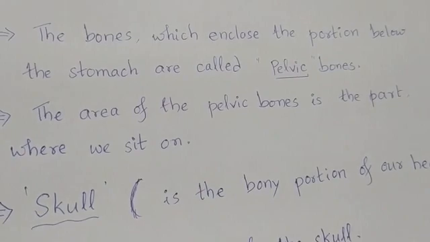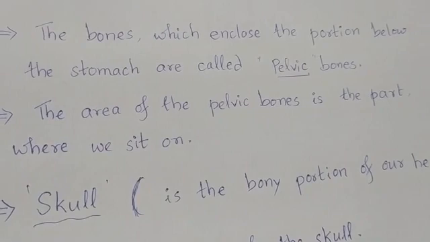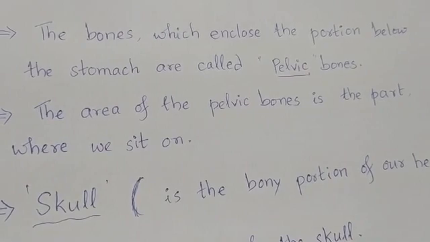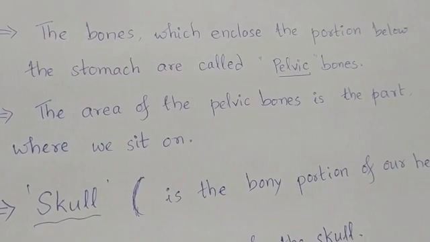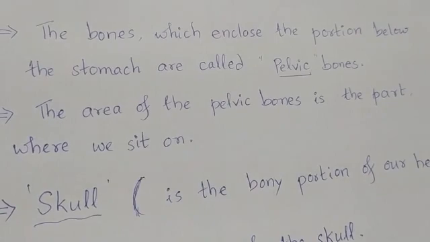The area of the pelvic bones is the part where we generally sit. So, if anyone asks you on which bones you are sitting, that is not your thigh bones.